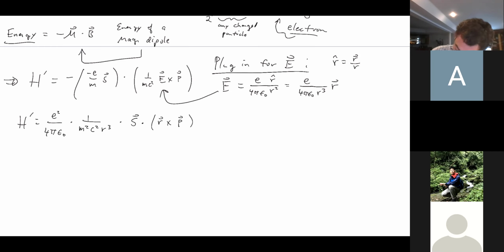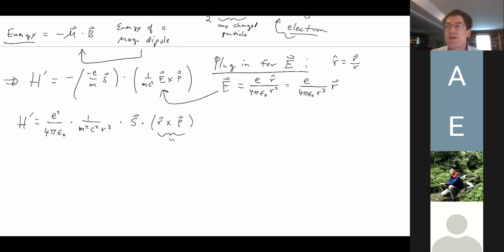And so now let's notice that this thing, what is that equal to? Somebody tell me. Angular momentum.